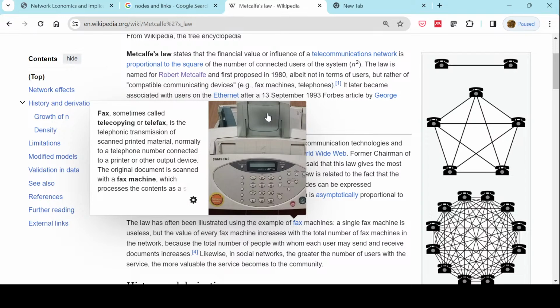So using the optical technology, optical camera type, the information is captured and turned into electronic data transferred over the connected phone lines, actually, because fax is using phone line, no internet yet at that time.